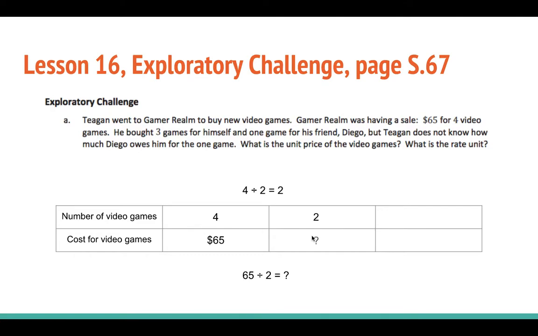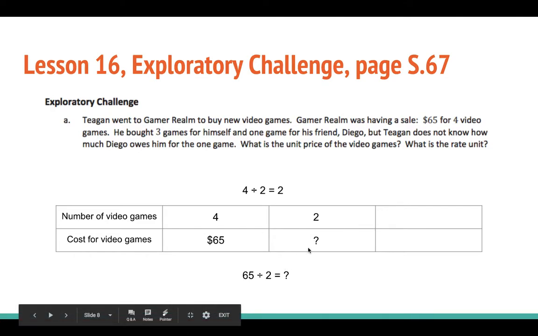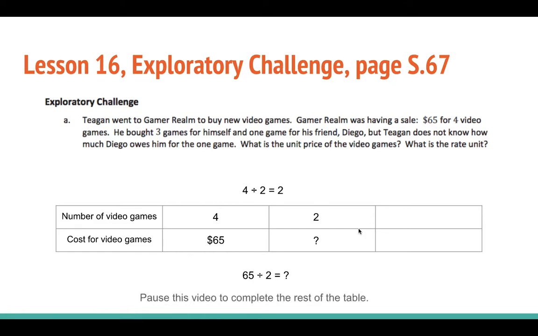So you're going to find that out, and you're going to write that down. And you're going to continue on with this table. So from here, well, how would you find out 1, which you're going to put in this spot here, and how much is that price, right? And it's exactly the same process that we did earlier in the example. That will give you the unit price, right? The price down here will be your unit price.